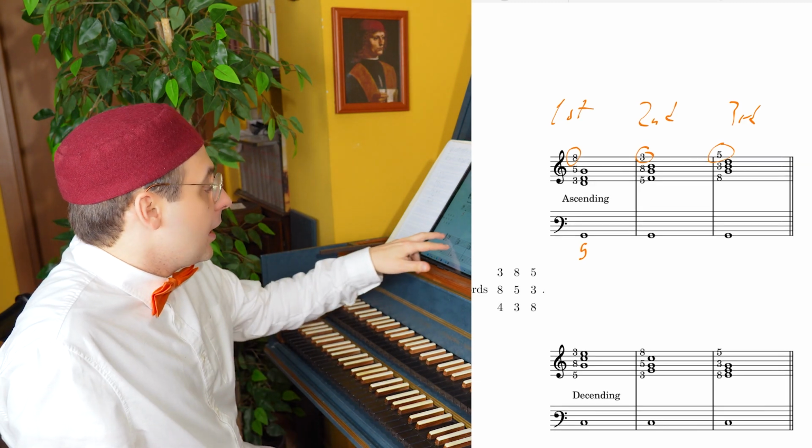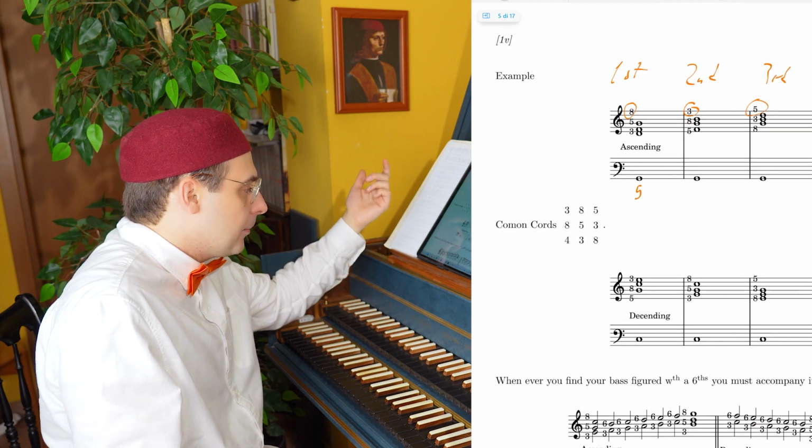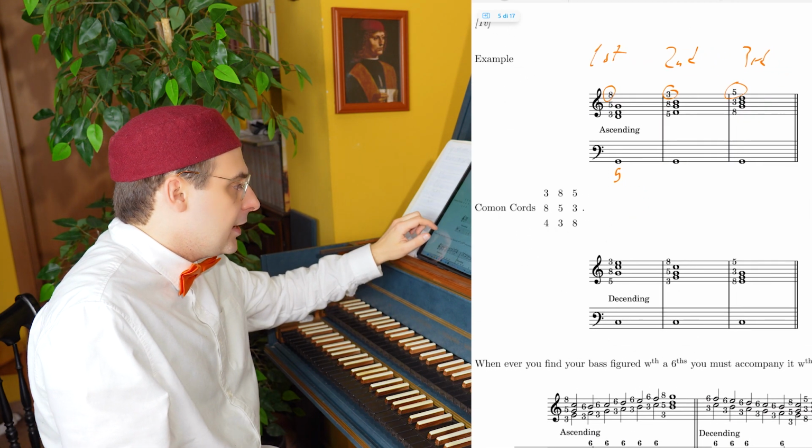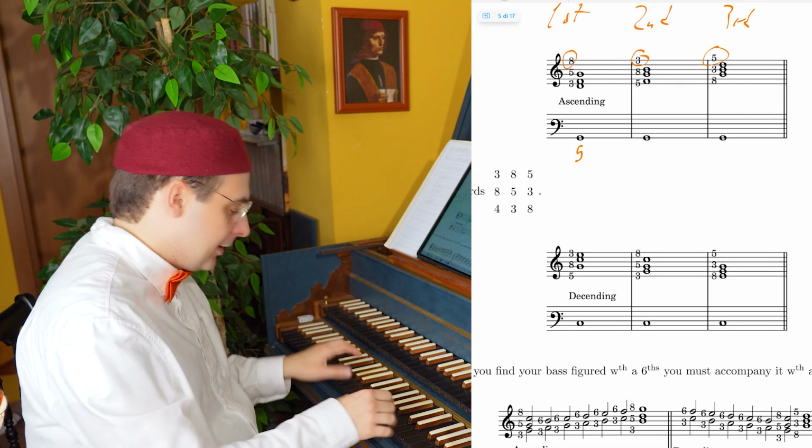Like this. And then in the opposite way, also here we have another example over a C major chord, basically, and the reasoning is exactly the same.